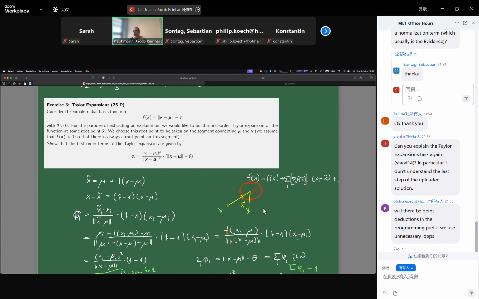This is how we choose a root point. What root point means: the function evaluates to 0 at that point. So here you replace x by x tilde, which means mu plus t times x minus mu, and then you see this mu cancels out, right? Because you have a mu here, and then minus mu, and then this becomes the norm of t times x minus mu.